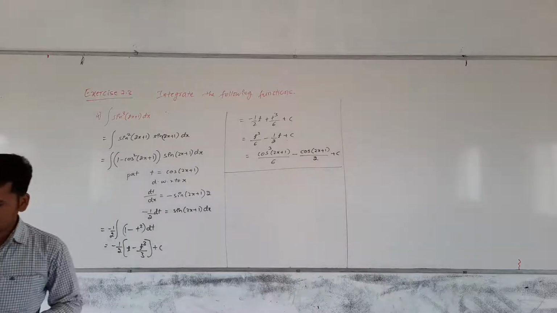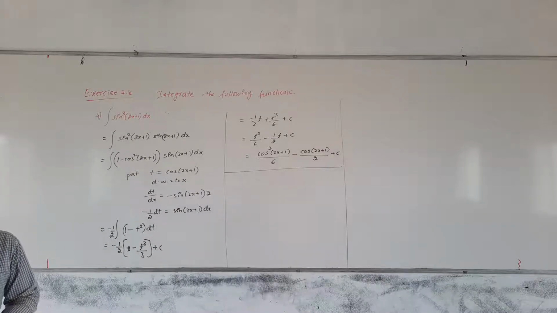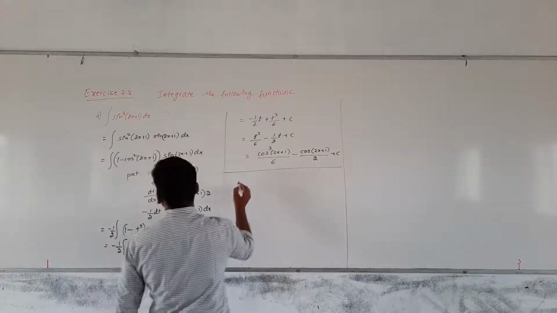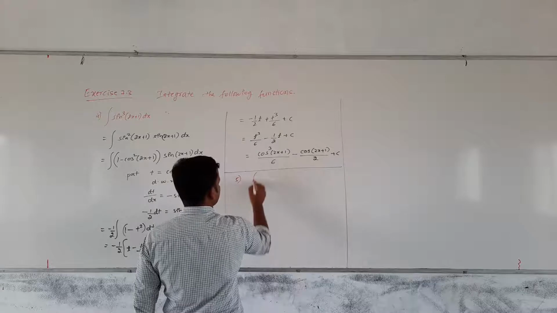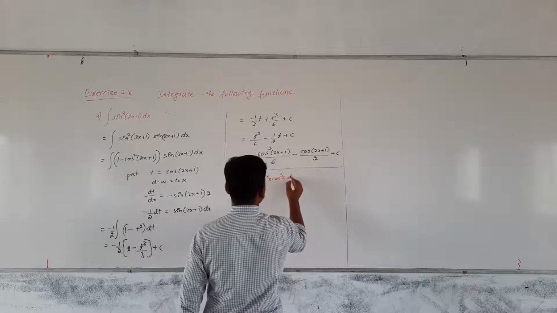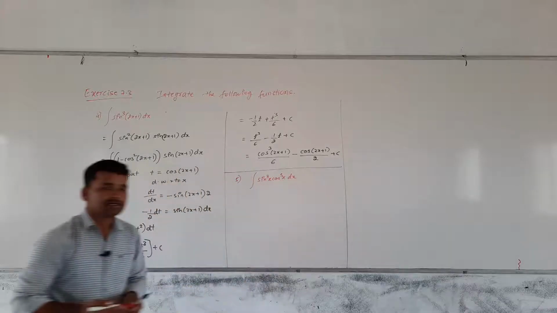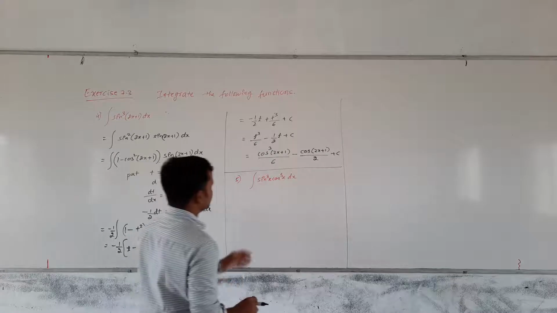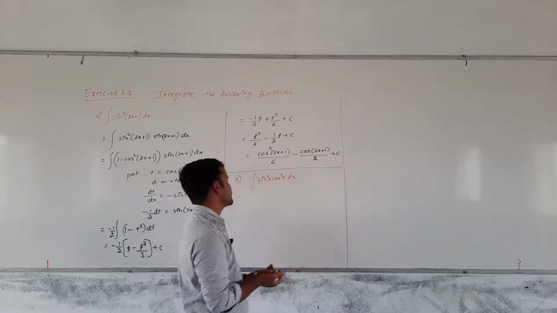Now taking problem number 5. Problem number 5 is sin cube x into cos cube x. Integration of sin cube x into cos cube x with respect to x. Very simple it is. What you do? Again here 2 to 3 ways are there.